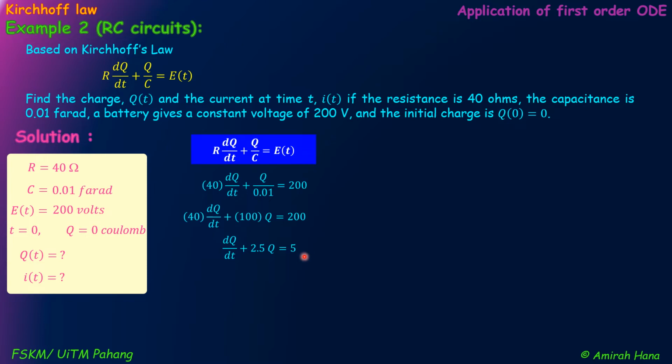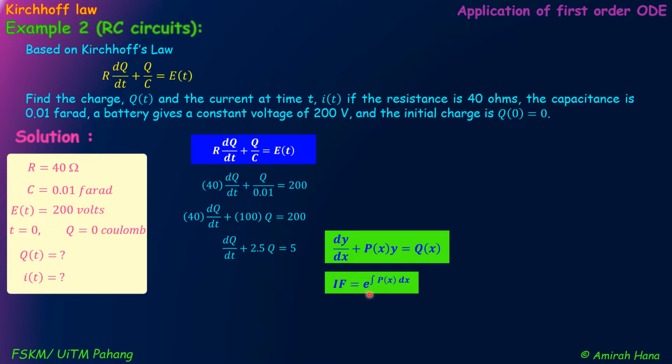From here, we can compare with the original linear equation under first order ODE, which is dy over dx plus p(x)y equals q(x). When we compare, variable y means variable q, which is charge, and variable x means variable t, which is time. The most important part when we solve a linear equation under first order ODE is to find the integrating factor, which is IF. IF is given by e to the power of the integration of p(x) dx.